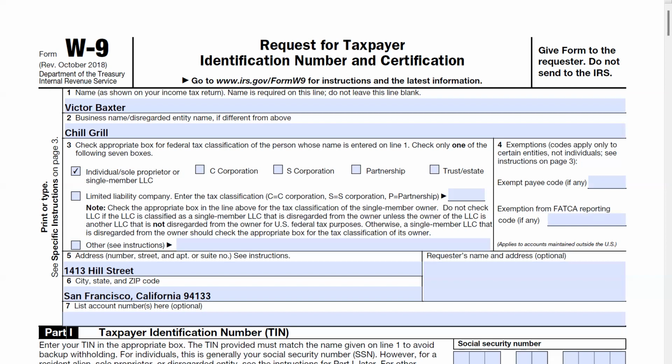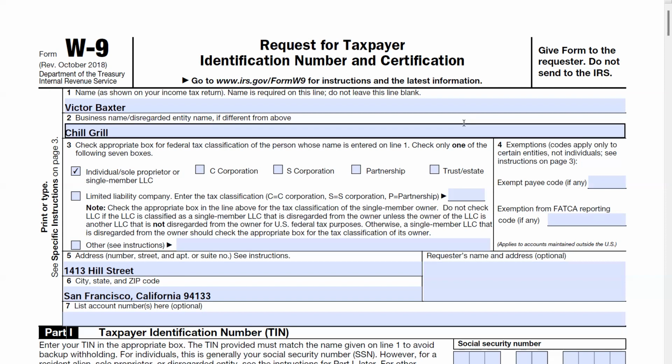All right. In addition to getting a 1099 NEC, which is non-employee compensation, or miscellaneous, these are also sent out if you've been paid interest. All right. These are also sent out if you receive dividends.